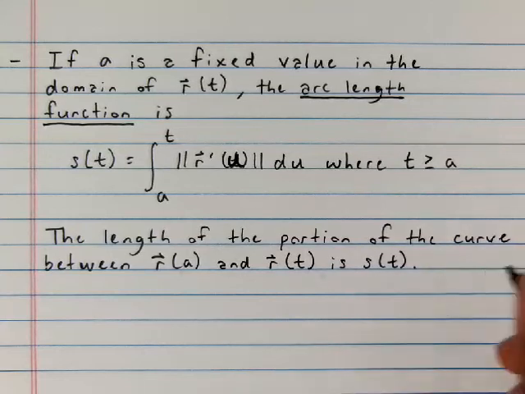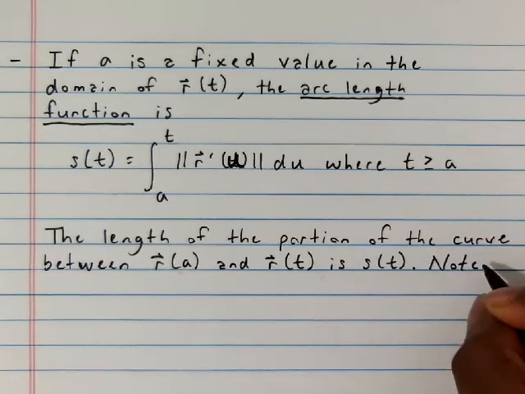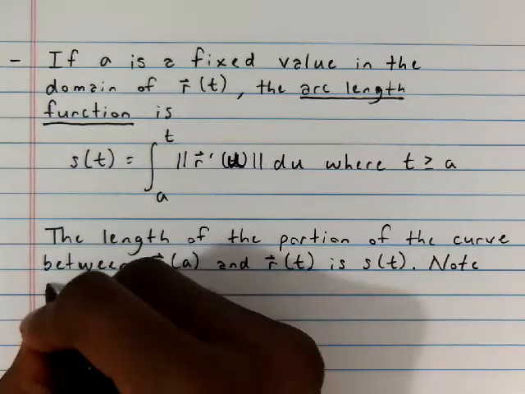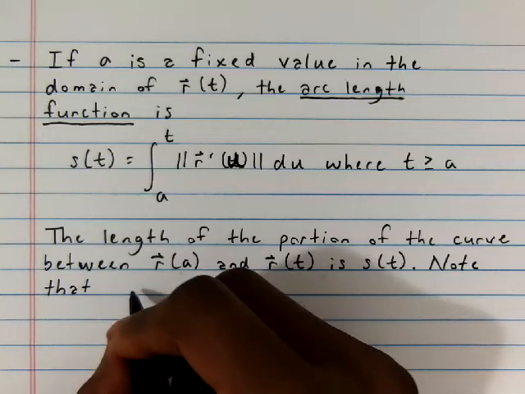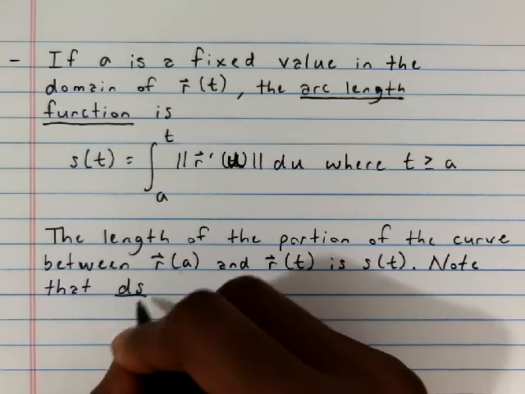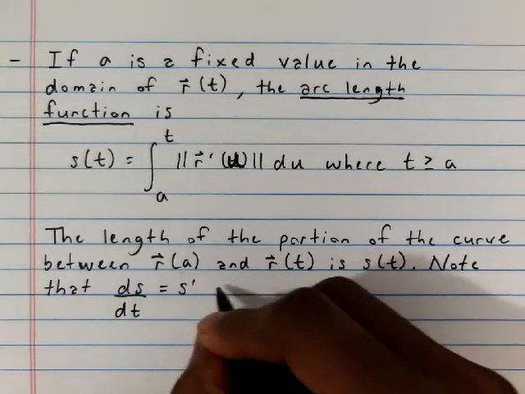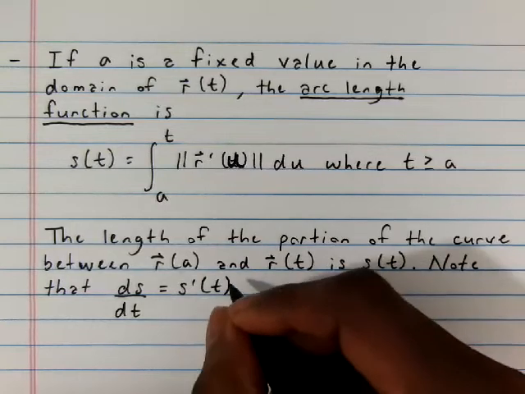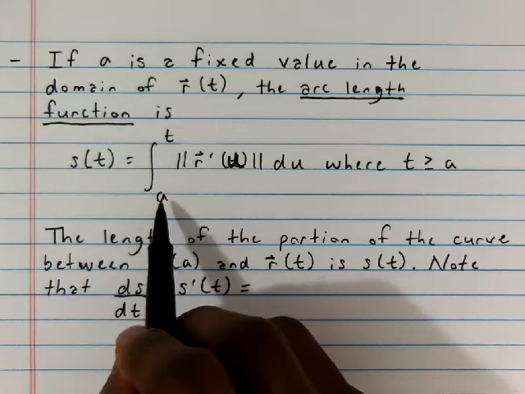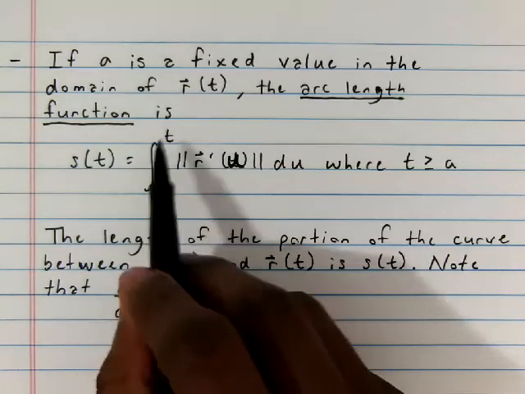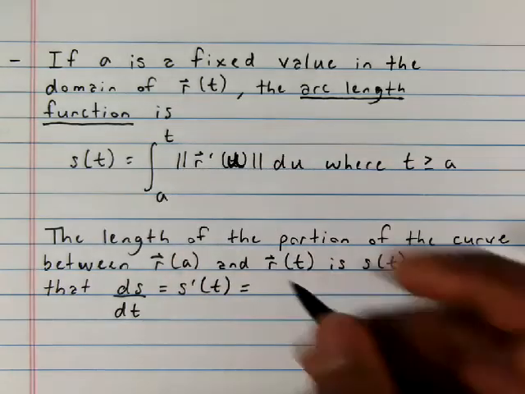So that's all we're getting there. Note that the derivative of s with respect to t equals s prime of t, which just would be, if we were to take the derivative of this integral with respect to t, the magnitude of r prime of t.